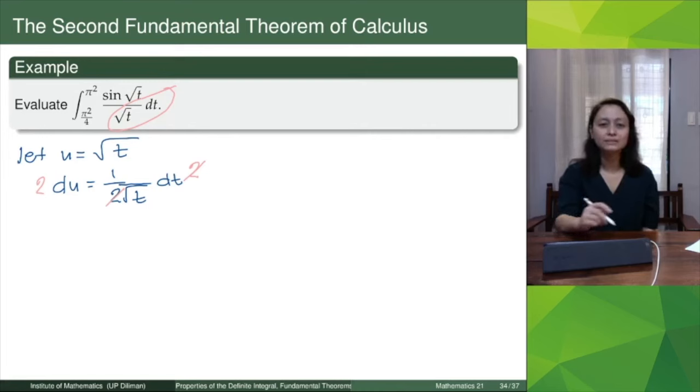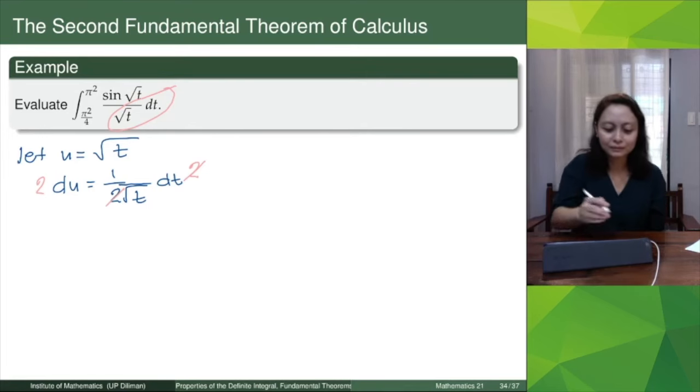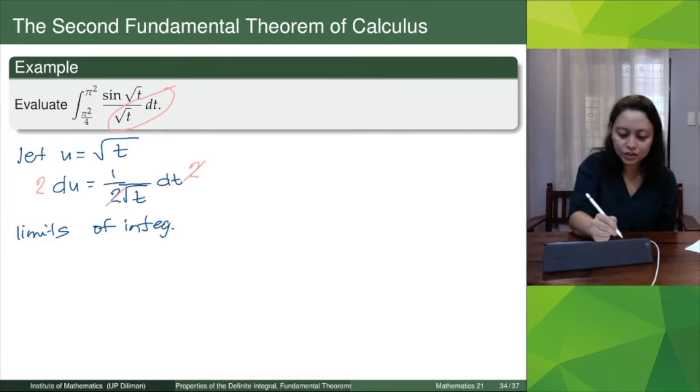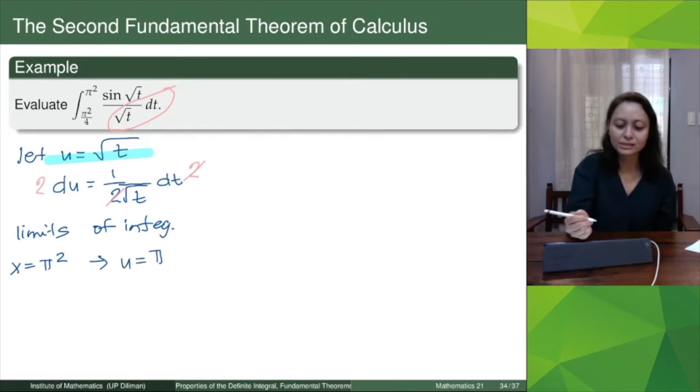Next, yung limits of integration, palitan na rin natin. For the limits of integration, if x equals pi square, remember, ang u natin ay square root of t. So square root of pi square is pi.